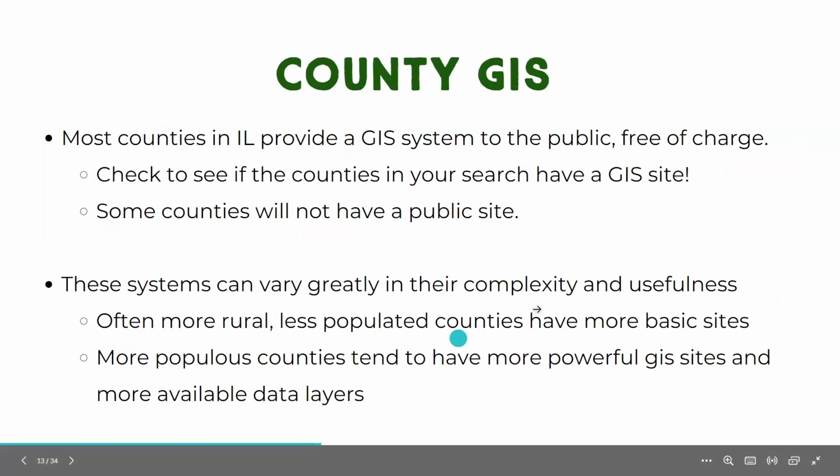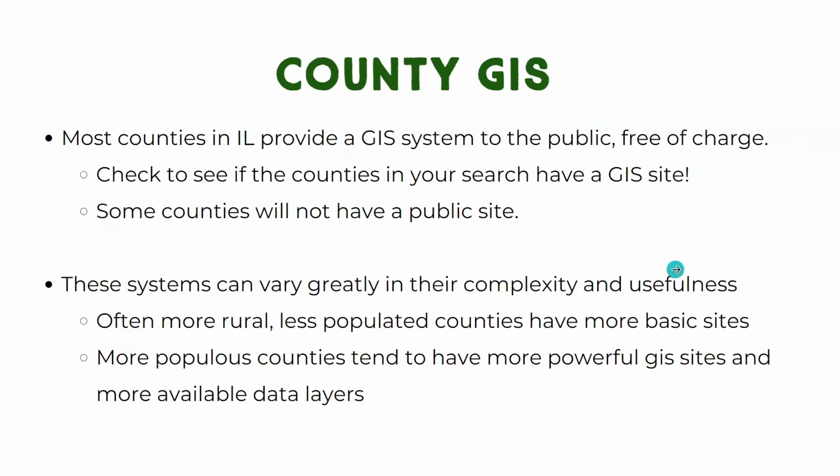These sites can also vary pretty greatly in their complexity and how many layers they're going to have available for use. Oftentimes the more rural and less populated counties are going to have more basic sites, but they're still worth taking advantage of. And then the more populous counties, particularly in the Chicagoland region and the Northeast Illinois region, will have more complex sites with more available data layers.